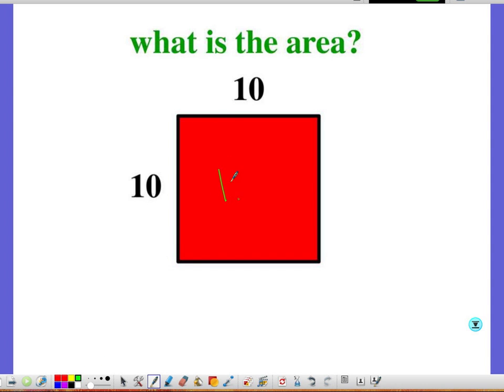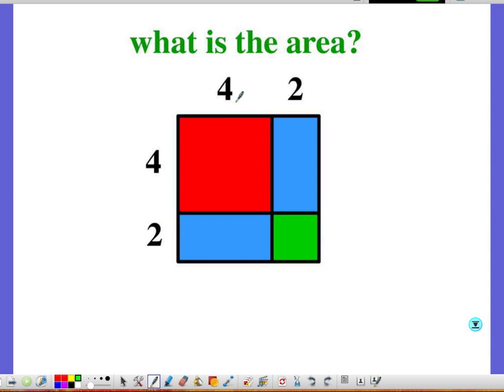How'd you get 100? Well, the students correctly told me you multiply 10 times 10. That gives you 100. Alright, too easy. And I had my students work this out. Well, what's the area of this then? Go ahead and find it out. So I gave them 2 minutes to find the areas.